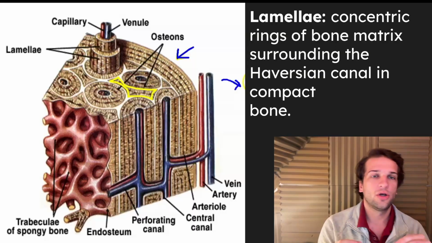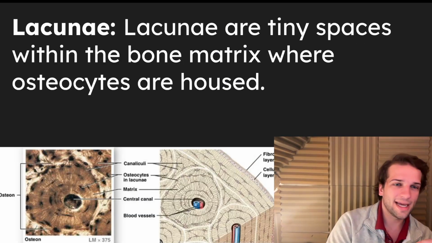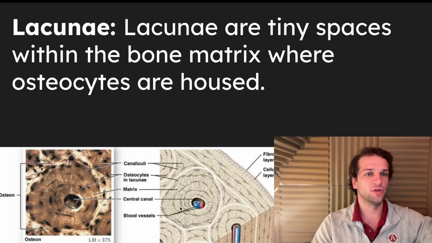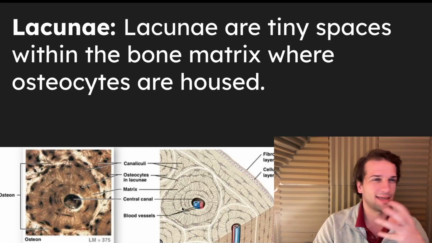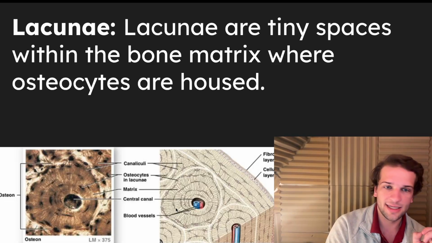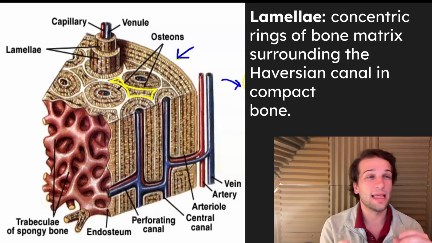Now, the lacuna are these little caves with an osteocyte. But if we go back here, you'll see that they're in this ring shape, right? This ring of those black dots around a middle hole, a center canal. And so those little dots are the osteocytes, and they ring around in what is called a lamella.